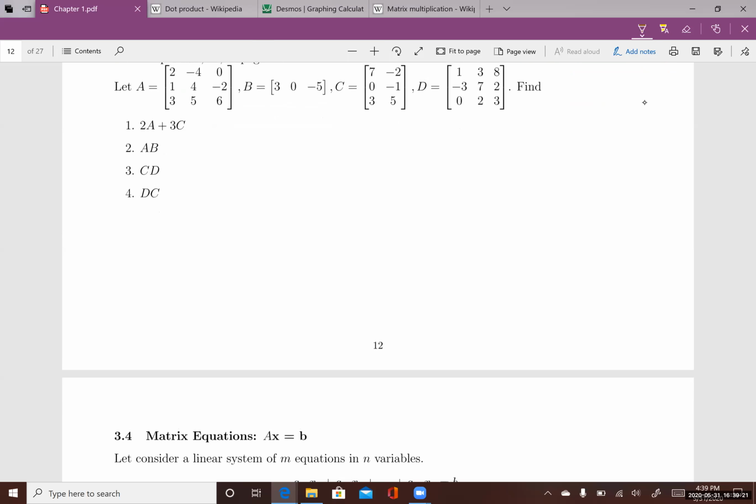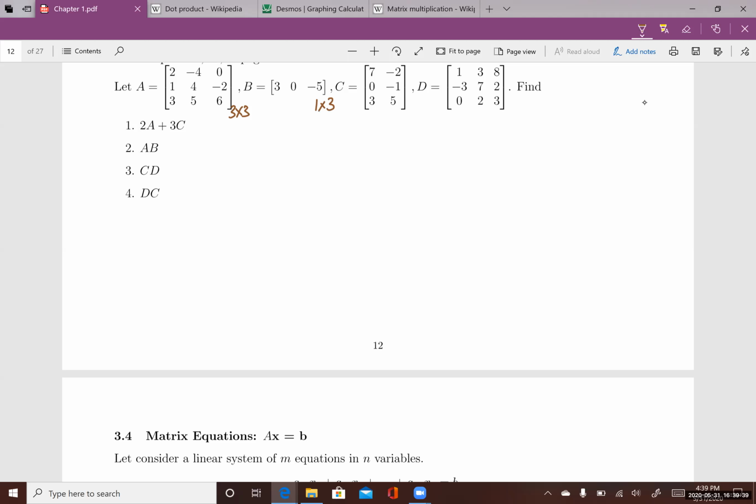So let's look at these four matrices. The first matrix A has the dimensions of 3 by 3, right? So you have 3 rows and 3 columns. The second matrix B has the dimensions of 1 by 3.